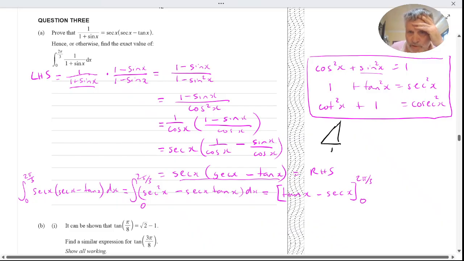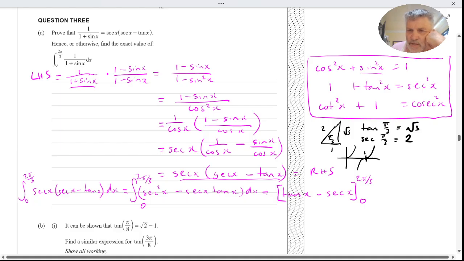One of our special triangles, 1, 2, root 3. This angle here is pi over 3, so tan pi over 3 is equal to root 3 over 1. And sec pi over 3, that's hypotenuse over adjacent, that's 2. And the tangent graph is like so.